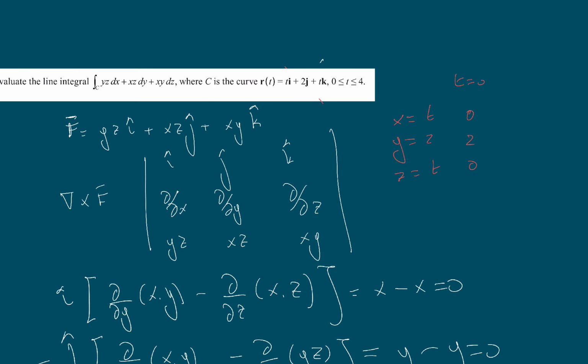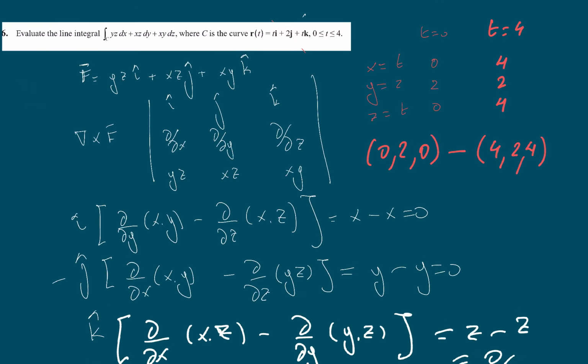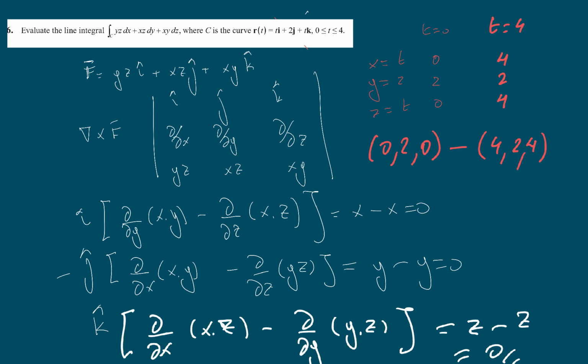When t equals 4, x will be 4, y will be 2, and z will be 4. So we go from the point (0, 2, 0) to the point (4, 2, 4). And now we can find the potential for this vector field and evaluate the potential between the final and initial points. So let's find the potential now.